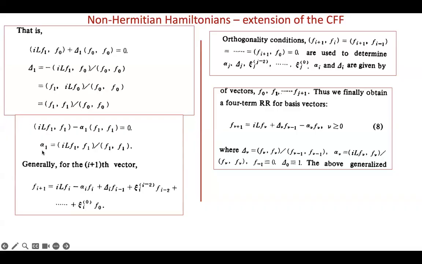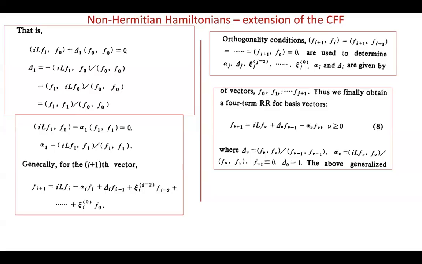But alpha 1 has this peculiar form, IL F1 comma F1. So the denominator is not all that different, one basis vector up, but the numerator is unique. It's IL F1 comma F1. Here it was F1 comma F1.